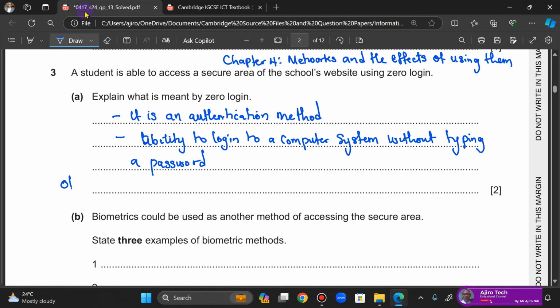Okay, so we also have others. Like I said, it requires no manual input from the user. It can pass through security information from the initial login, which is very important. And it is a security method to protect the resources, because it's authentication.